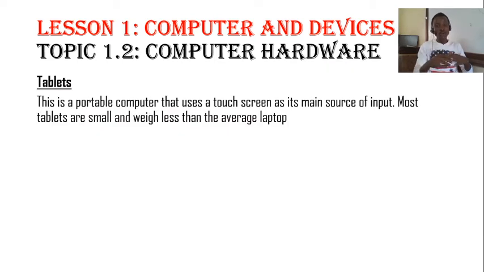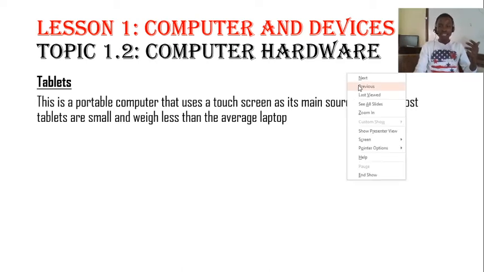So it's a portable computer that uses a touchscreen as its main source of input. Most tablets are small and weigh less than the average laptop, so it's also easy to carry around. You can use it to do anything that you may want to use the laptop for, so it can replace the laptop.